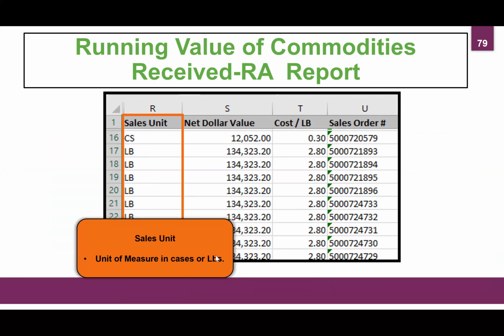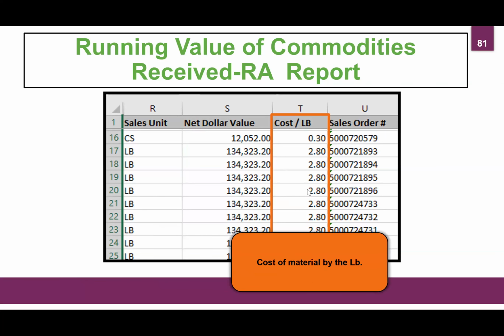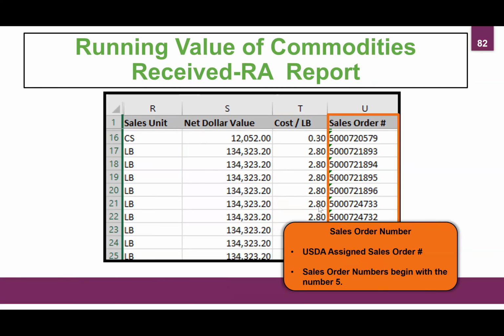Again, the sales units is going to be in cases or pounds. And then they're showing you the net dollar value over in column S. And then the cost of for the pound or the case there. And most of these were pounds, so you can see the cost per pound. And then the sale orders number. Just remember that USDA assigns that sale orders numbers, and these will begin with the number 5.